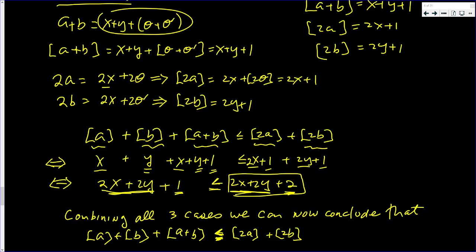For the first 2 cases, you had equality. The third case, you have strictly less than. So we can say that in all 3 cases, this is less than or equal to that. That completes this proof. That completes the proof of all 5 facts. That is, this video is done.